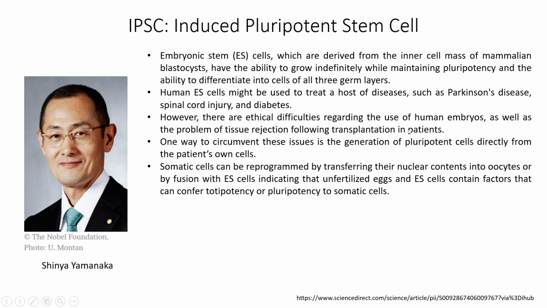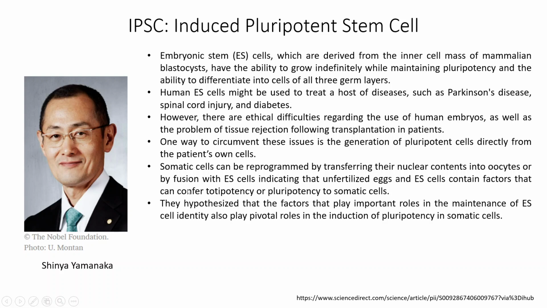Okay. So this was known at the time. But again, it's difficult to get an oocyte or these embryonic stem cells. So they had to figure out what it is in their cytoplasm that can transform a somatic cell like that. They hypothesized that these factors are there and play an important role in maintaining ES cell identity and also in inducing pluripotency in somatic cells.